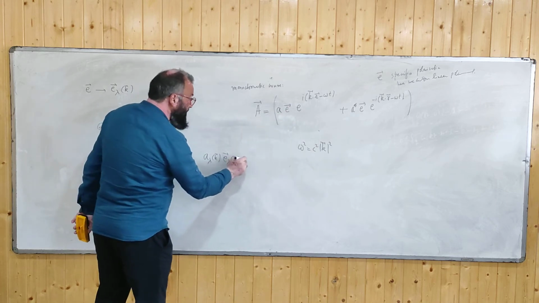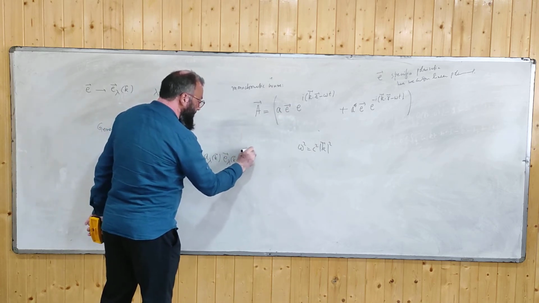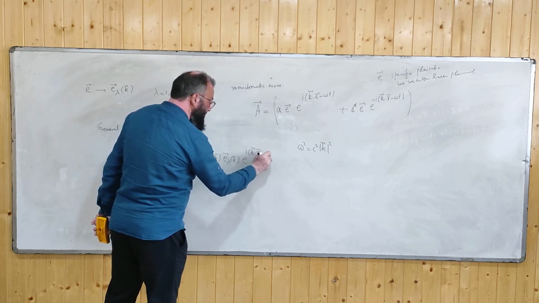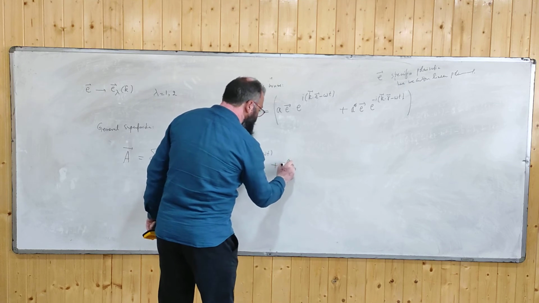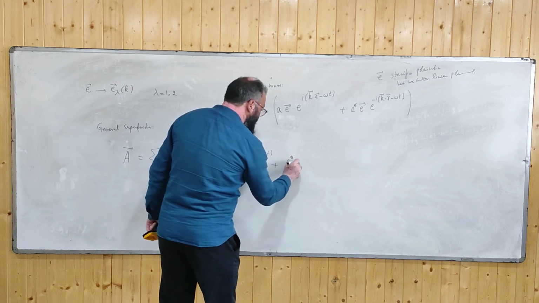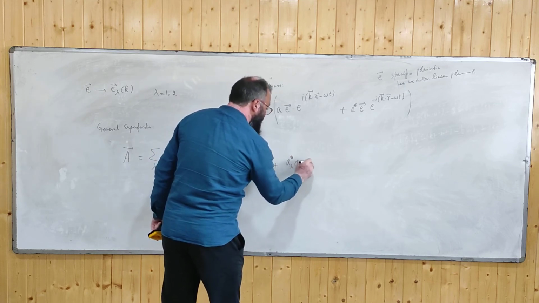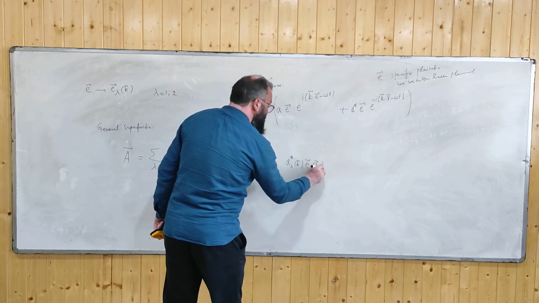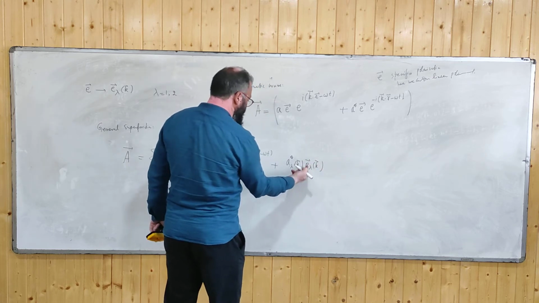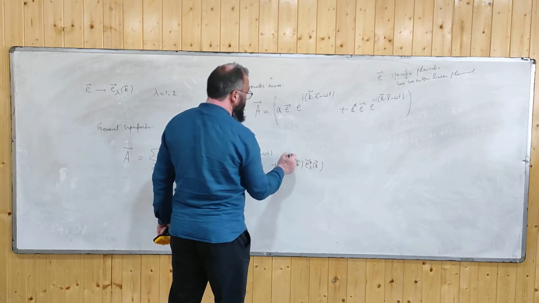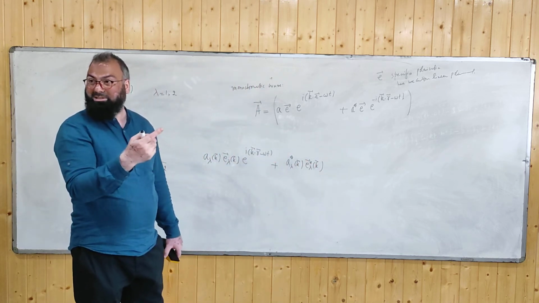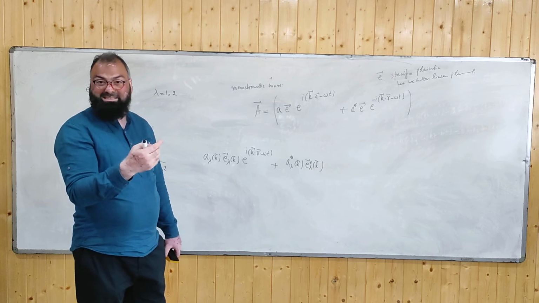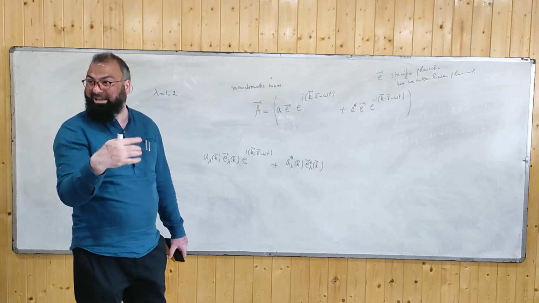Clear? So you are having e raised to i (k dot r minus omega t) plus A star lambda k, E star lambda k, e raised to minus i (k dot r minus omega t). So this polarization is actually in general a complex quantity, because we have just seen in circular polarization, E plus minus i F. Is that true?